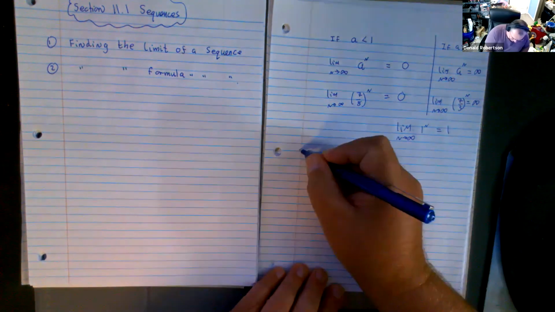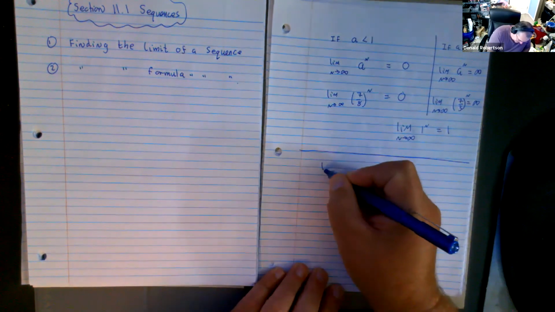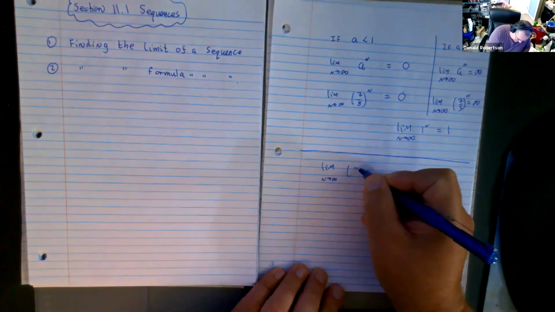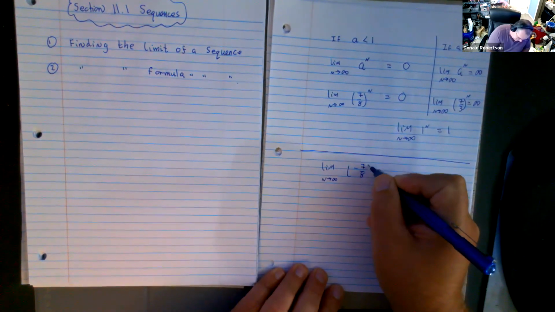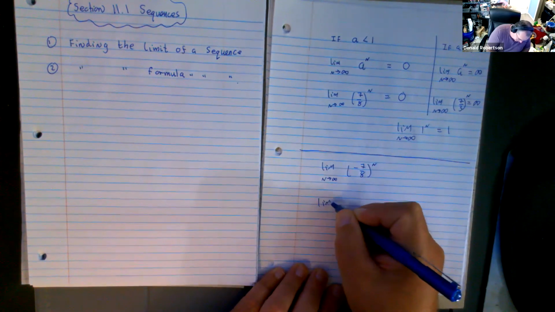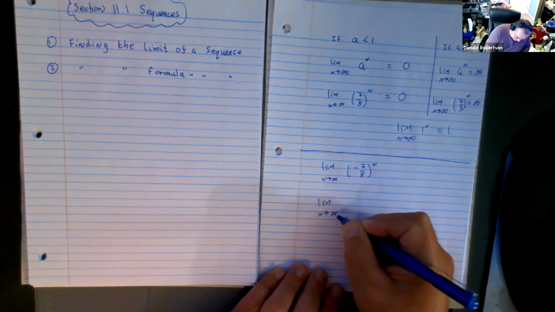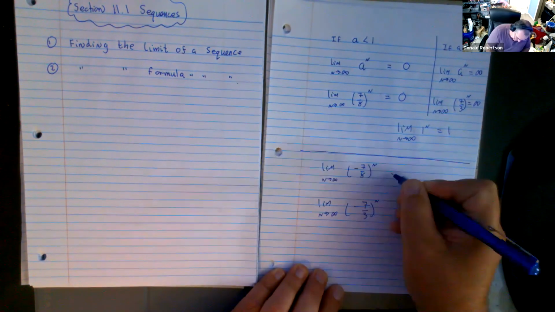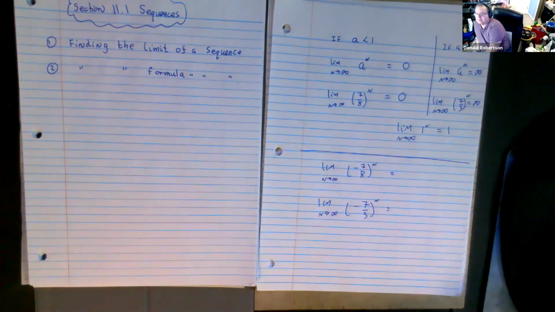So what's going to happen if we make the a value a negative number? Okay, what would negative 7/8 to the power of n get you if n got bigger and bigger and bigger?